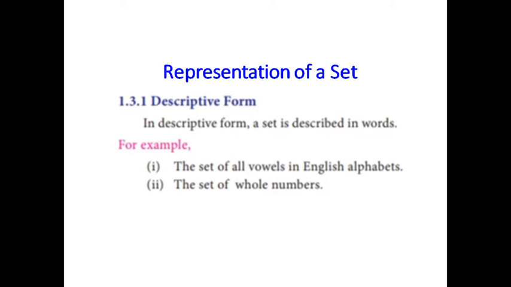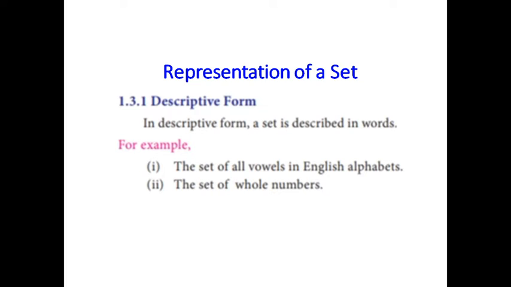Now let us see the representation of a set. There are three forms or methods to represent a set: the first is the descriptive form, the second is the set builder form, and the third is the roster form. Let's see each one in detail. First, what is the descriptive form?